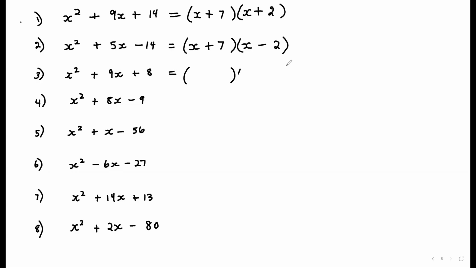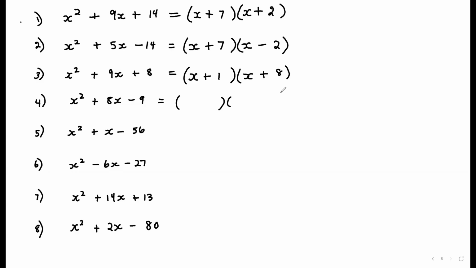This one, it's all positive, so it's going to be plus and plus, right? And it'll be plus 1 plus 8, since 1 times 8 is 8, and 1 plus 8 is 9. All right, in this one, B is positive 8 and C is negative 9.